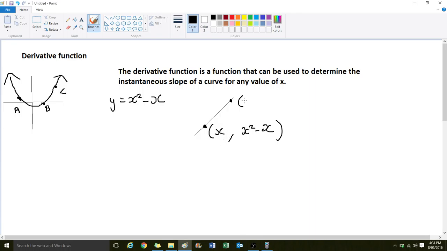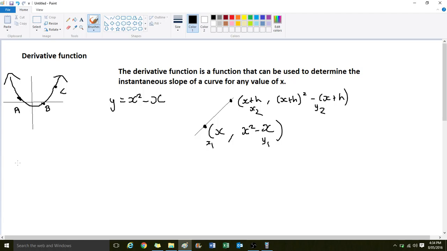So we've got the point x and x plus h, which means our y coordinate then is going to be x plus h squared take away x plus h. Again, exactly the same process. We're doing y2 take y1 on x2 take x1.